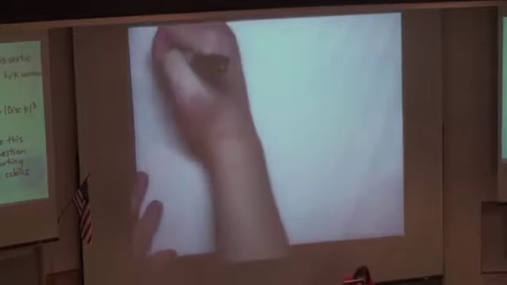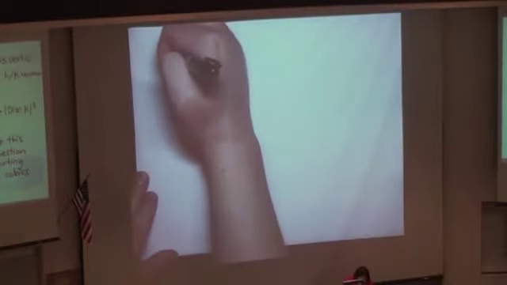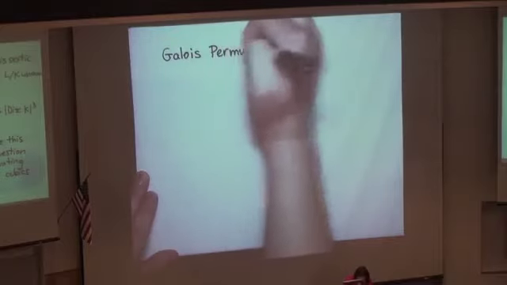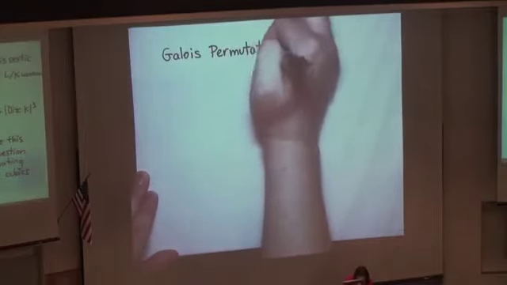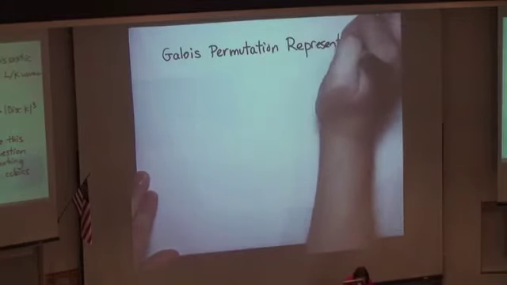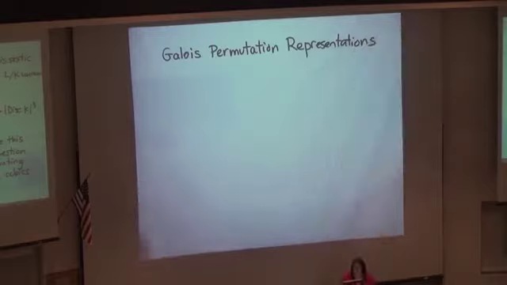All right, so our first tool: I want to talk about Galois permutation representations. So actually, instead of counting number fields, it's maybe more convenient to think about counting certain Galois representations that are really the same sort of thing as number fields.